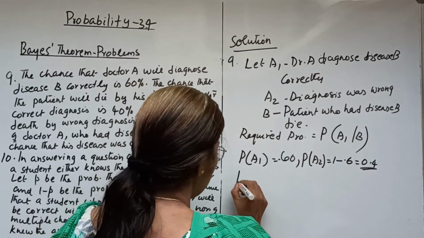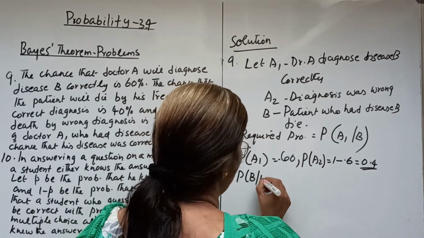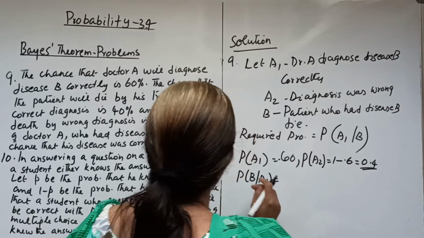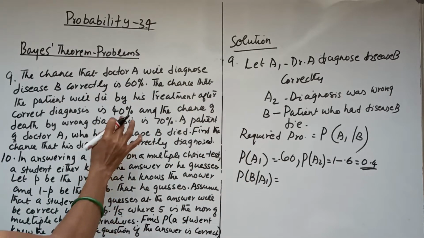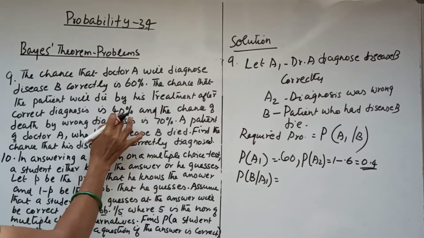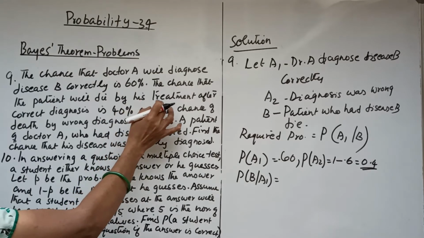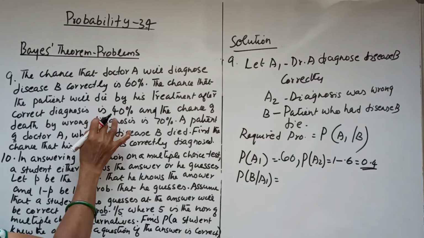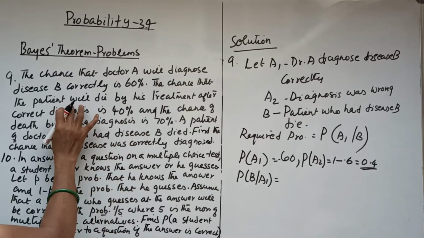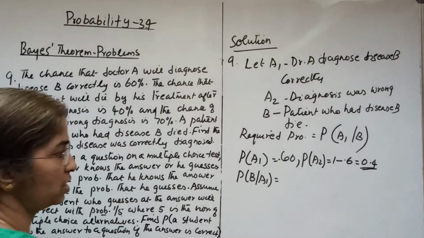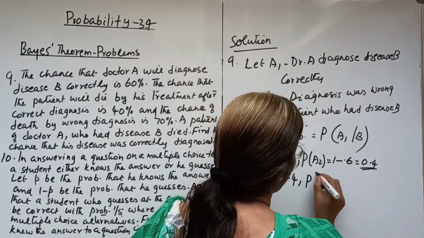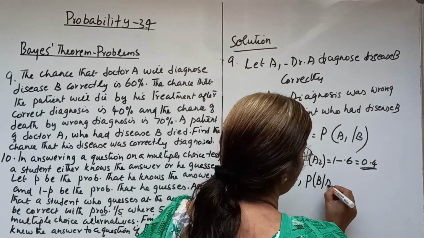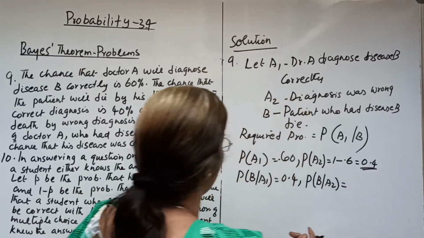Now P of B given A1: under the assumption that he diagnosed the disease B correctly, the death by his treatment after correct diagnosis is 40%, so P of B given A1 equals 0.4. And P of B given A2, what is it?